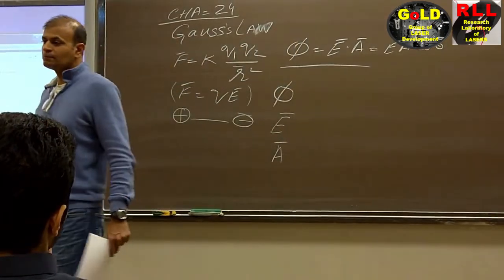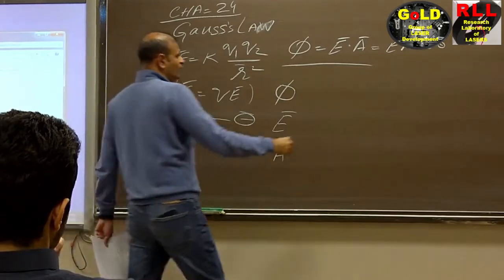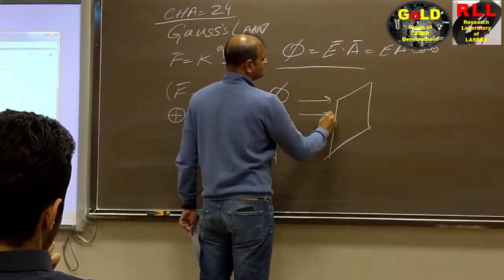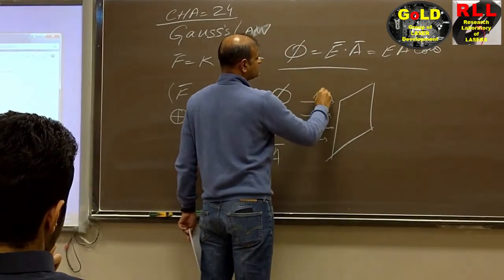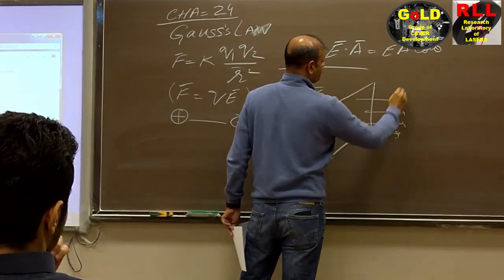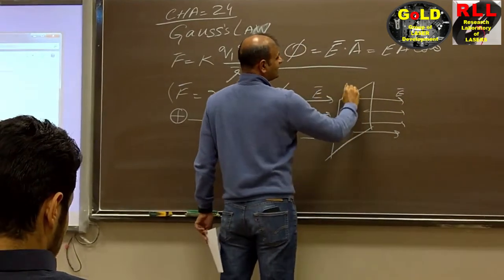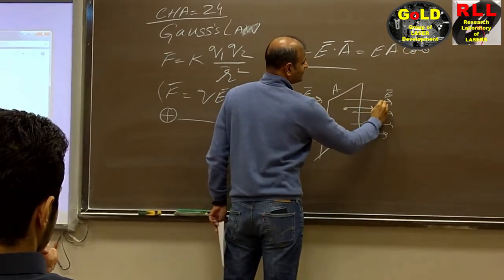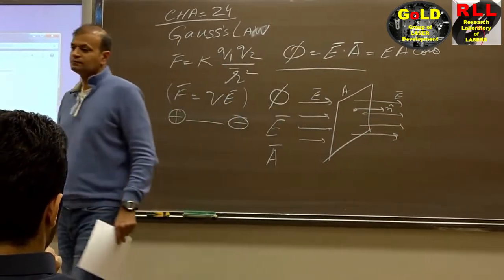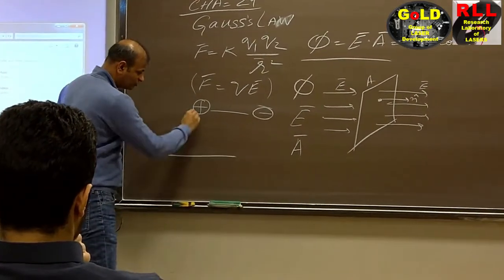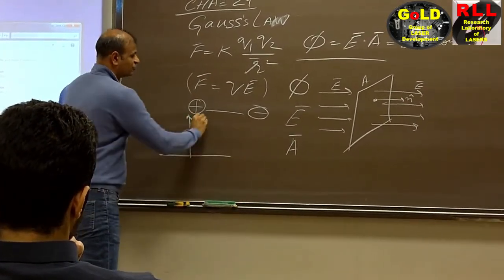If you have any surface like this, this is an electric line, and this is the area, any area, and the normal to the area. The concept of normal is this line, if you draw it, this is normal.